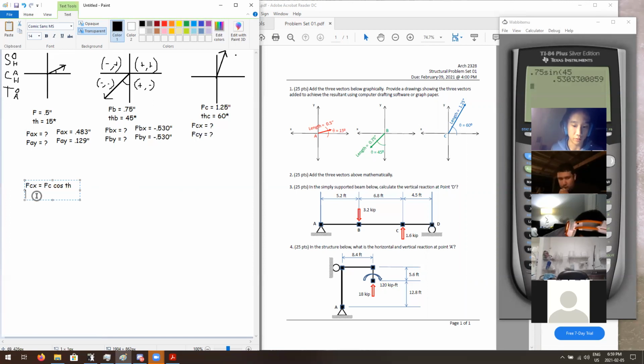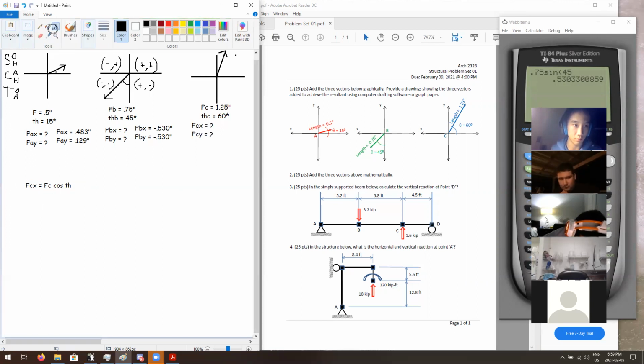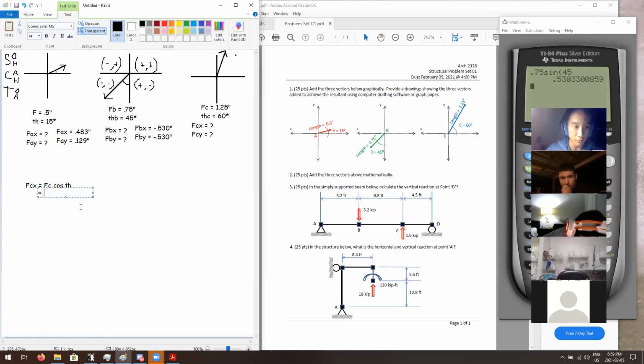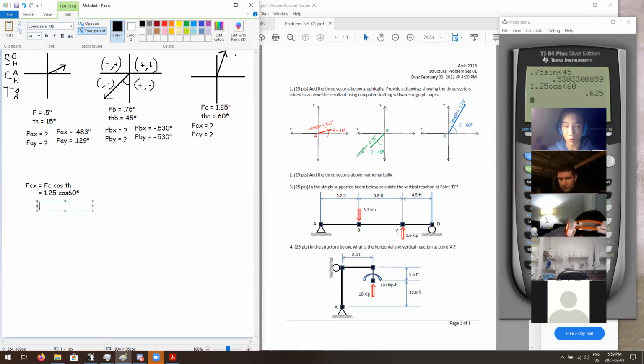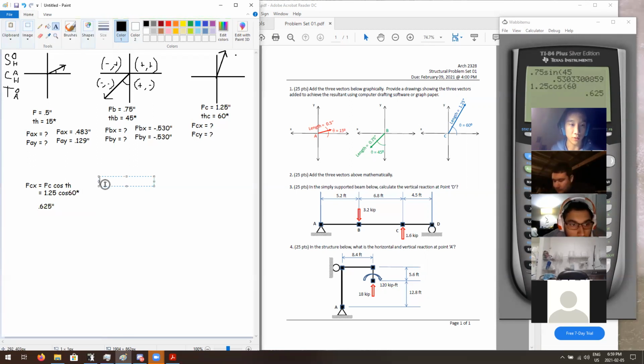FC is 1.25 cosine of 60 degrees. That would give you 0.625. Such a nice number. See how round that is? 0.625 inches.